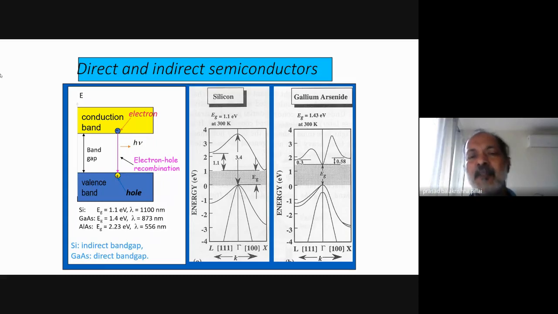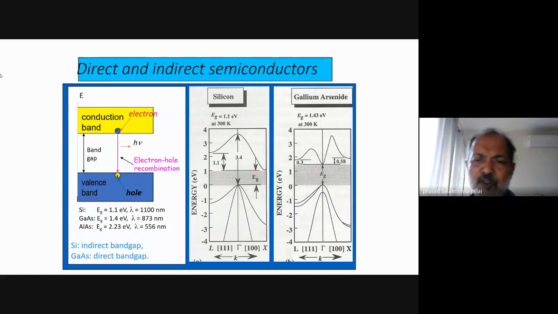Very often we talk of non-radiative transitions in the case of silicon-like material. And in the case of gallium arsenide, we talk of radiative transition. That means photon emission will be there. Non-radiative means no photons are emitted. Mostly it will be absorbed by the surroundings. That is why they are known as non-radiative. So radiative transitions are generally efficient in the case of direct band gap semiconductors.